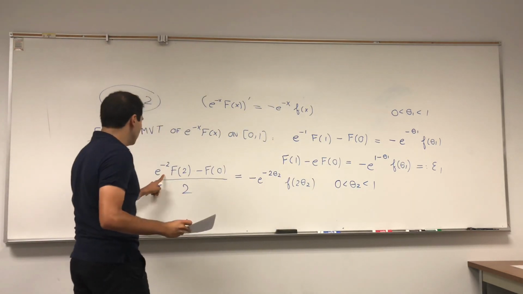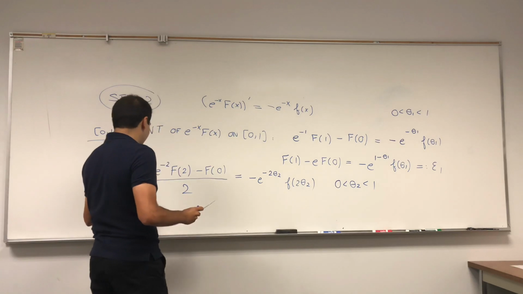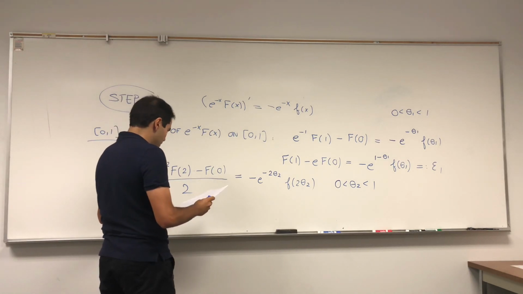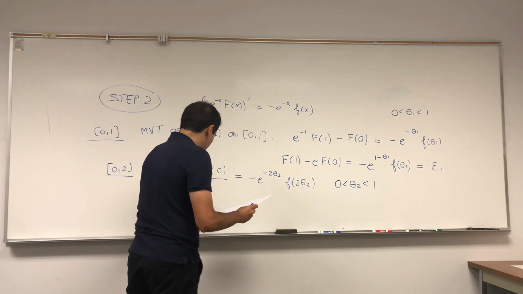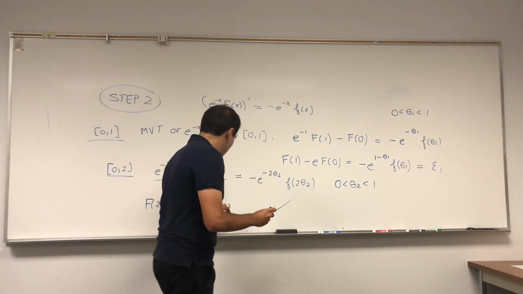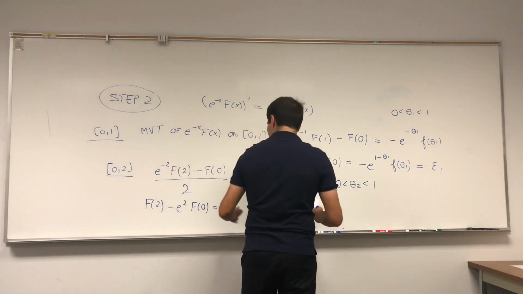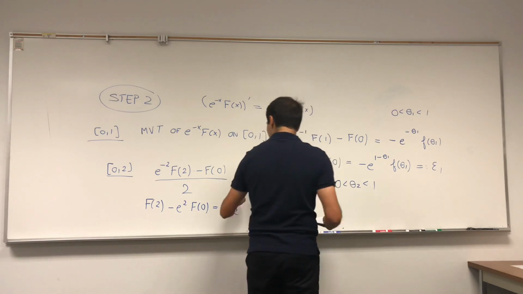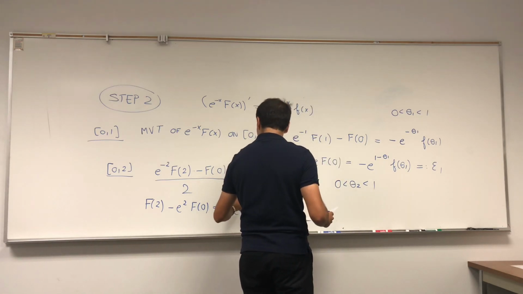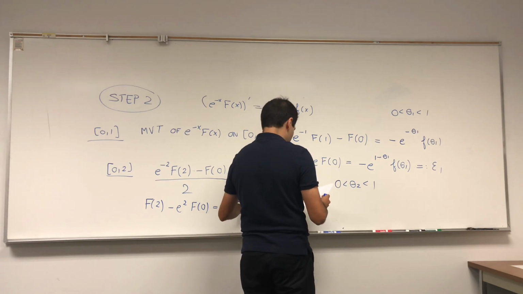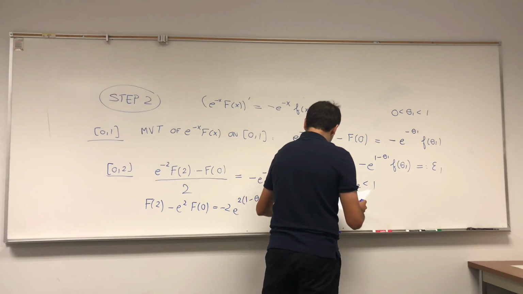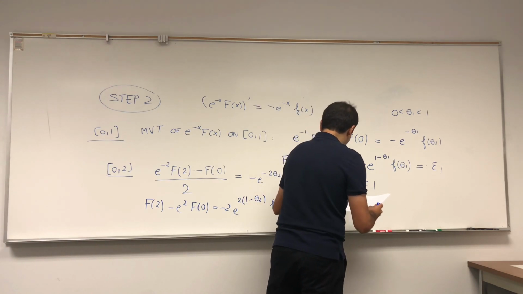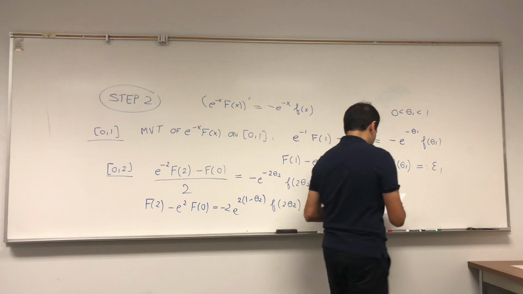Multiply by 2, and then by e squared, and you get f of 2 minus e squared f of 0 equals minus 2 e to the 2 minus 2 theta 2. So let's just factor it out as e to the 2 times 1 minus theta 2 f of 2 theta 2. And again, let's call this epsilon 2.